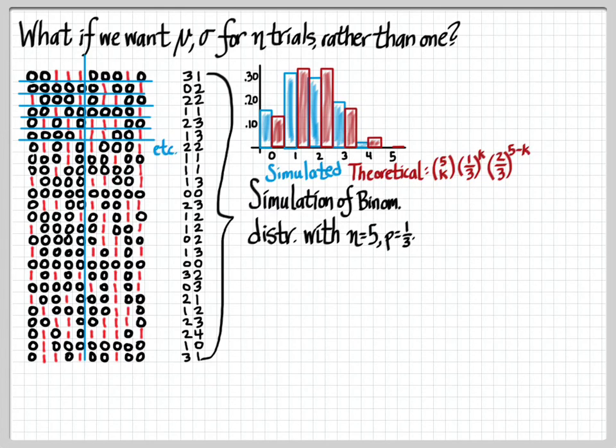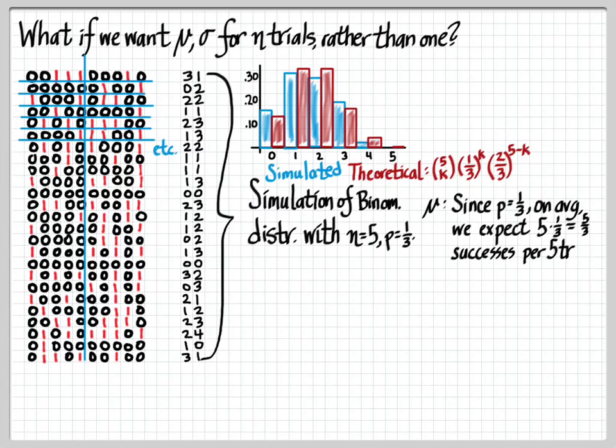Anyhow, let's move on. So what's the expected number of successes here out of 5 trials? That hopefully is intuitive. Since the probability of success is 1/3, for 5 trials we expect 5 times 1/3 successes per 5 trials. That's 1 2/3 successes on average.